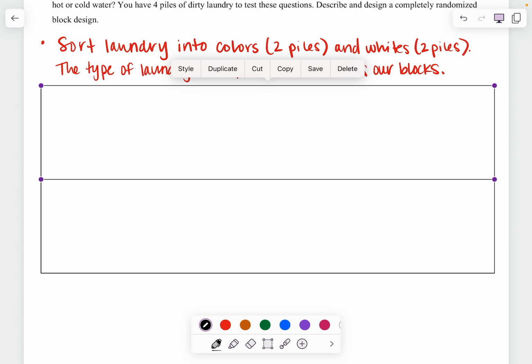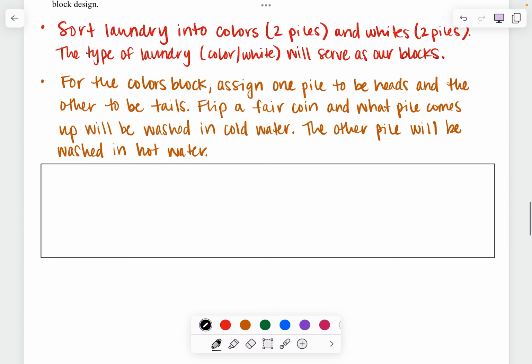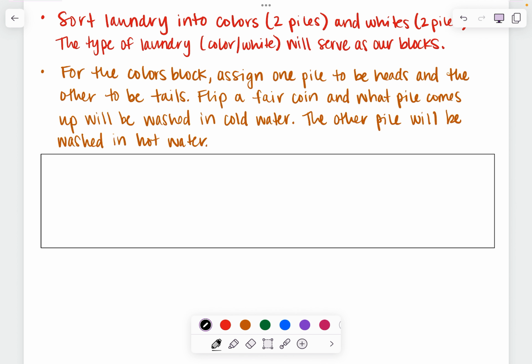I focused on the colors block first. And so this is another example of what you can do for randomness. I have 2 options: they're either going to get washed in hot water or cold water. Since there's only 2 options, I decided to flip a coin for this one. You could still use a random number generator.